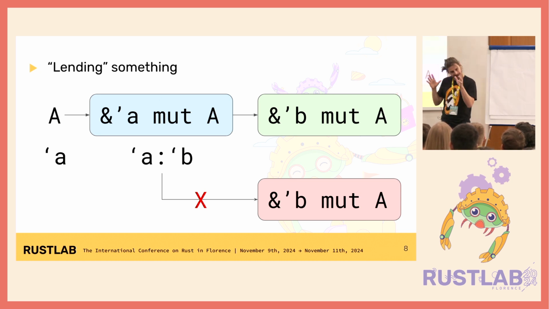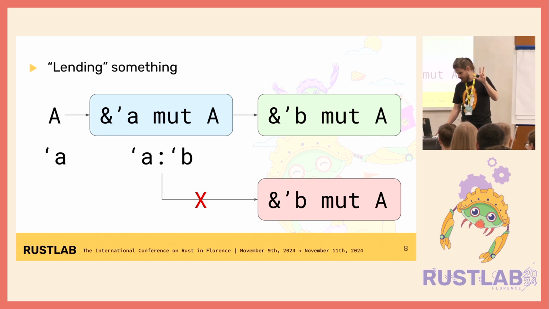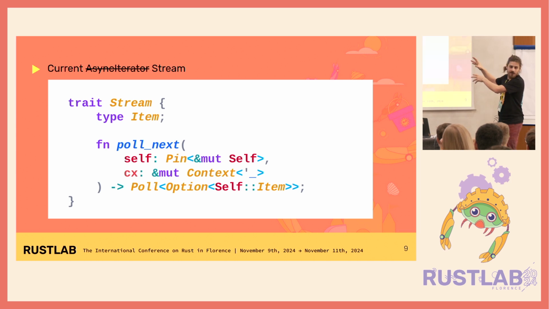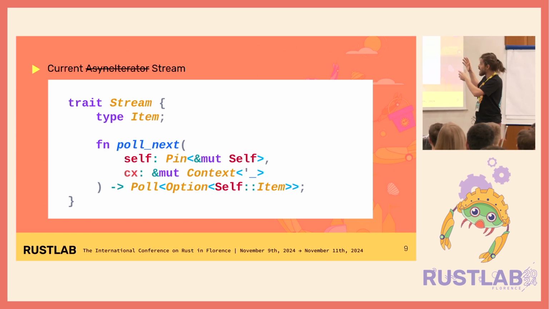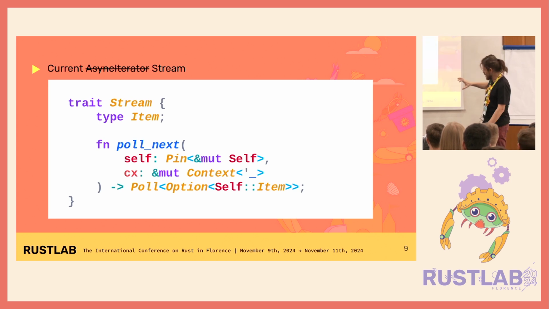Let's see what the actual async iterator trait is. This is the trait Stream, really, taken from the futures crate. You have an associated type Item that is spit out from the poll_next function. This is very similar to the Future trait if you look at how it's defined.